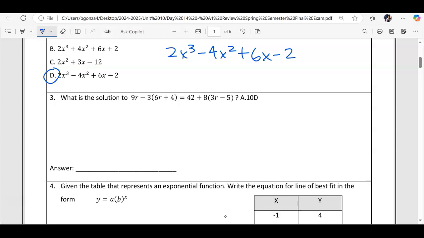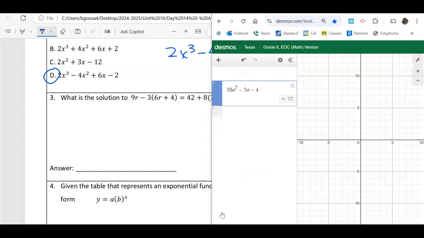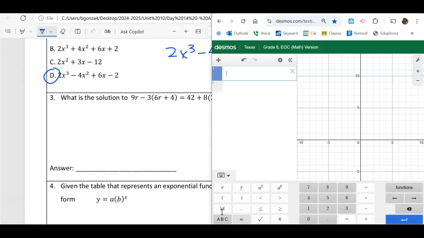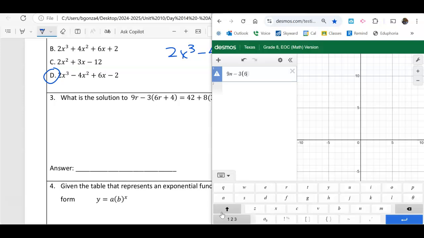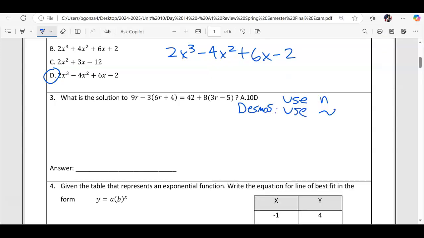Okay. Well, what is the solution to this? Now I'll show you how to solve it by hand, but remember, you can use n and the squiggle in Desmos to get the answer, right? So just real quick. 9n minus 3, 6n plus 4 equals 42 plus 8, 3n minus 5.